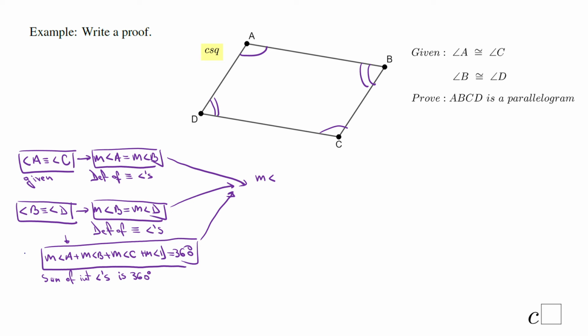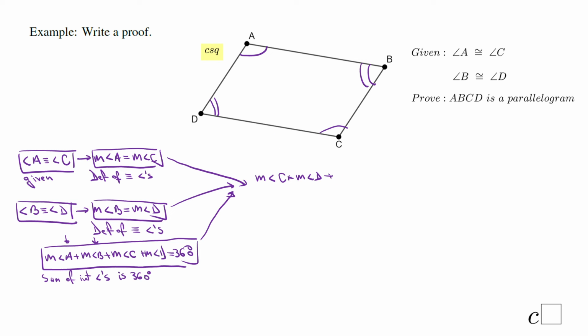So I'm going to have the measure of angle, and no, I was correct. I have a mistake here. This was C. So I'm going to replace angle A with C. So the measure of angle C plus the measure of angle D. So this angle B here, I replace it with angle D. And then I'm going to copy the rest.